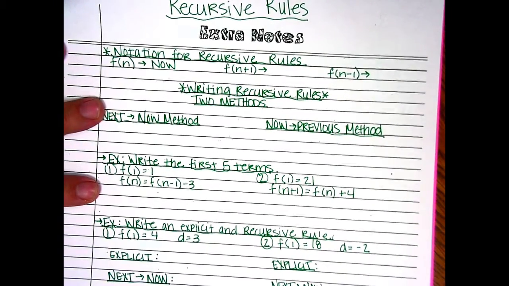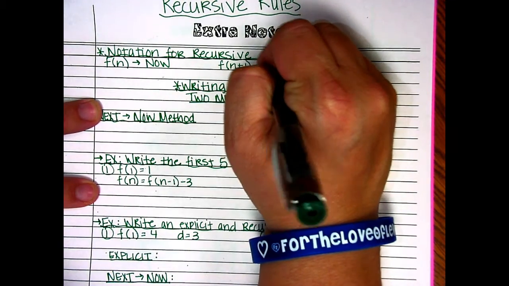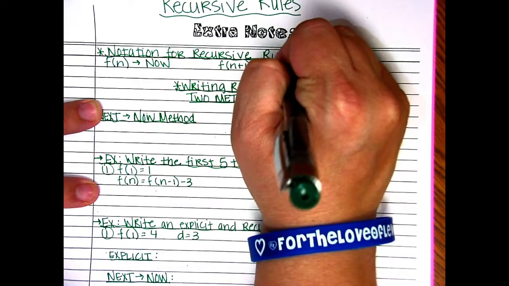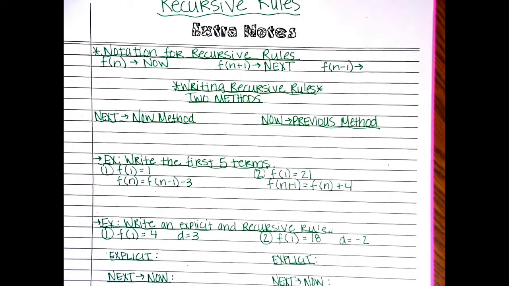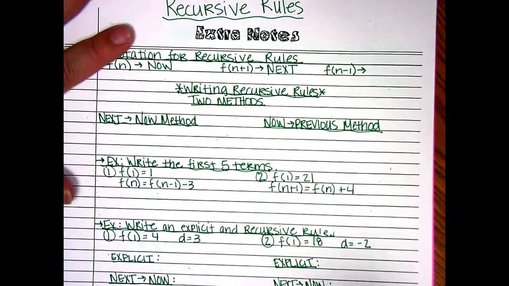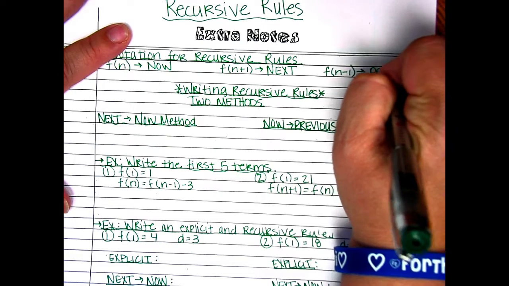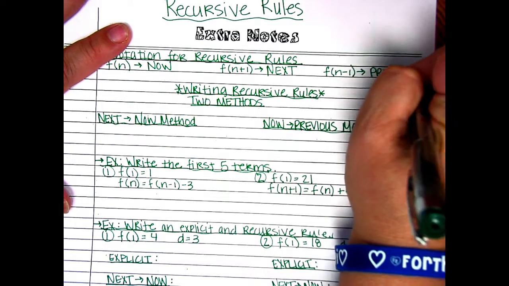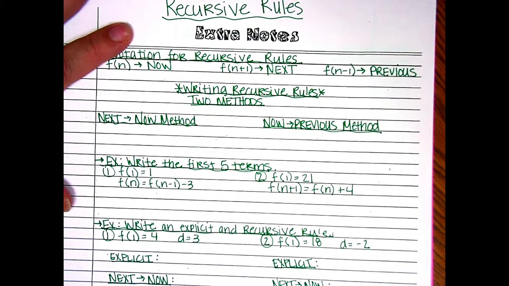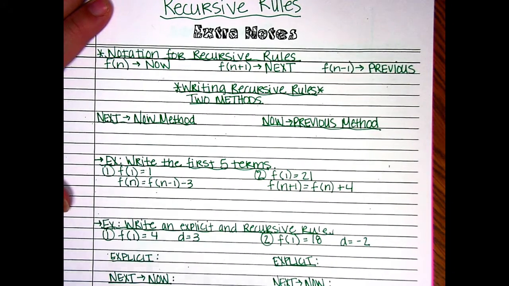F of n plus 1 means next. It's the next term in the sequence. And f of n minus 1, which means previous. That is the term before the term that we're on now.